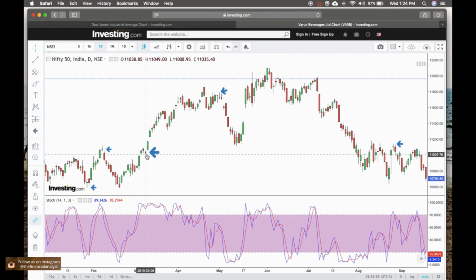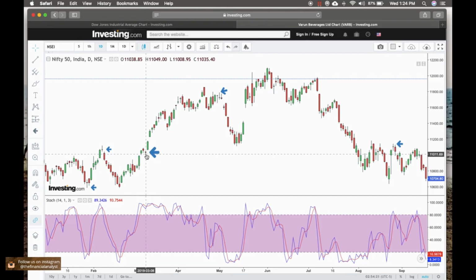Because a doji can also be used, for example, in this situation as a continuation pattern. So in this case, if we use the ADX or the directional movement, we would have seen that there was a very good strength in the uptrend. That is why one doji cannot just negate the effect of a very strong uptrend.